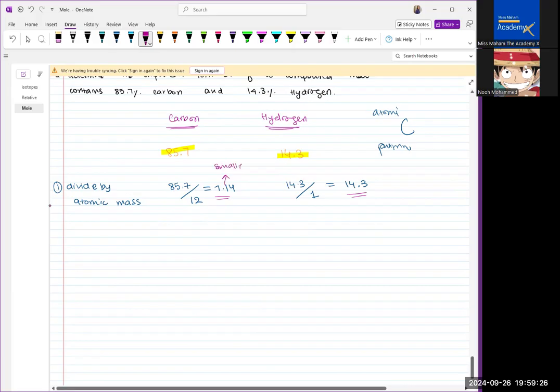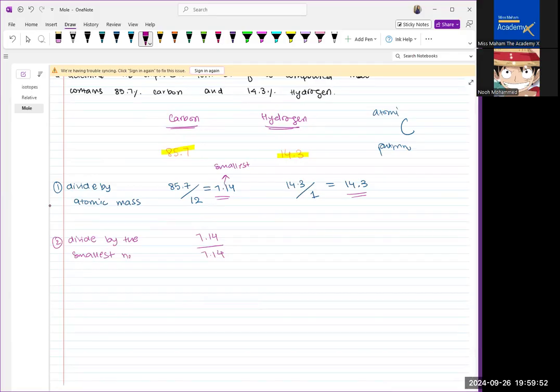Now divide both numbers by the smallest number.